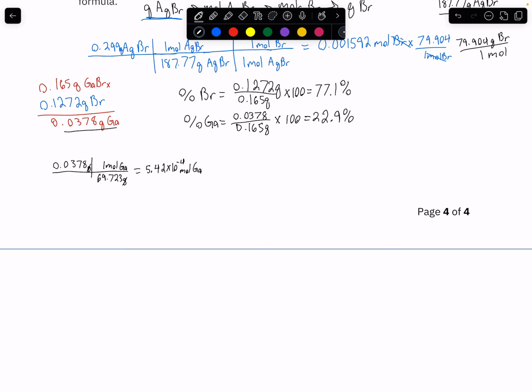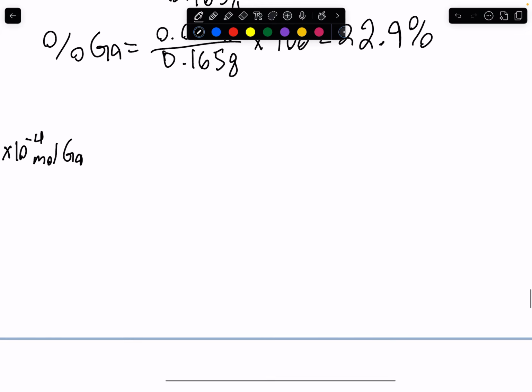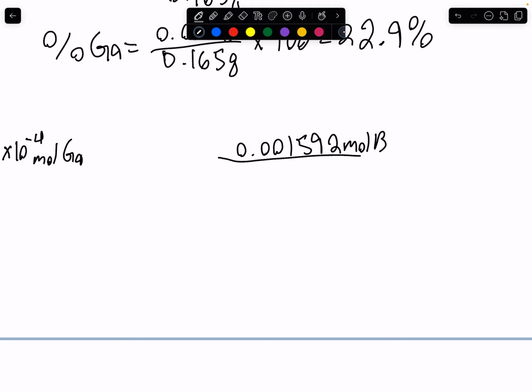Now, how are we going to find the amount of bromine to gallium? What's that ratio? How we're going to figure that out is we're going to take the moles of bromine that we found earlier, which was 0.001592 mole Br, over 5.42 times 10 to the negative 4 mole gallium.